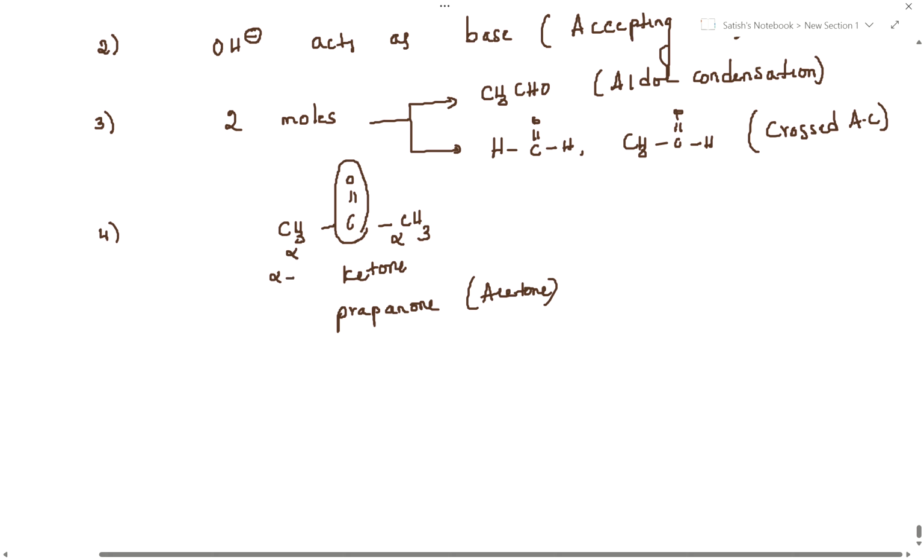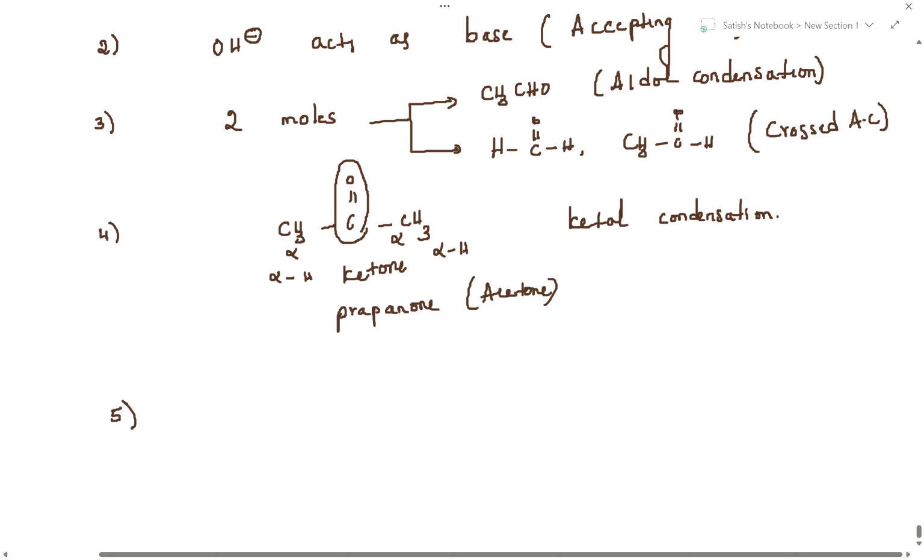Alpha carbons have hydrogens, so it also undergoes condensation. But for ketones, we call it ketol condensation. The logic is the same as the above case, and here also I will show the mechanism and give the shortcut. Clear?